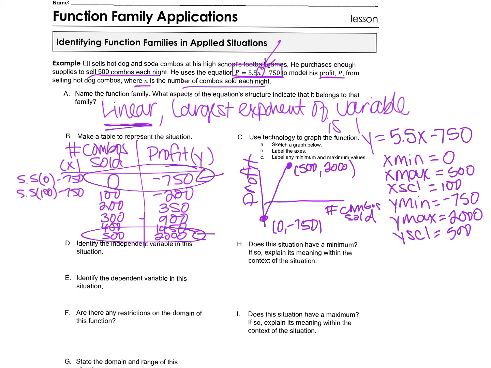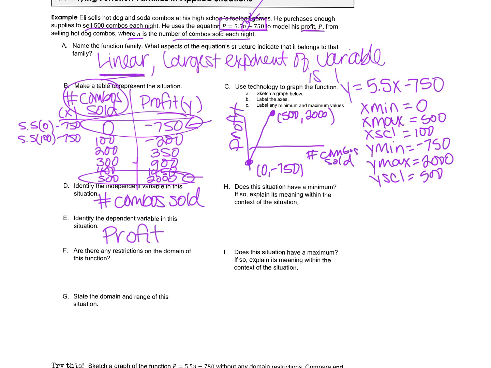All right, so we're going to identify the independent variable in this situation. So your independent is your X, and we already said that was the number of combos sold. And then identifying the dependent, which is your Y, so that was the profit. So F, it says, are there any restrictions on the domain of this function?